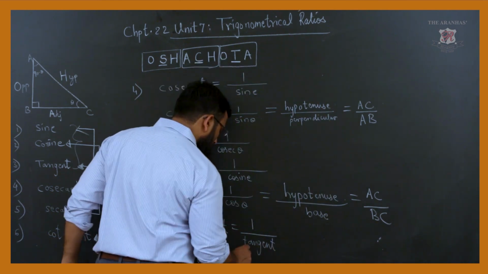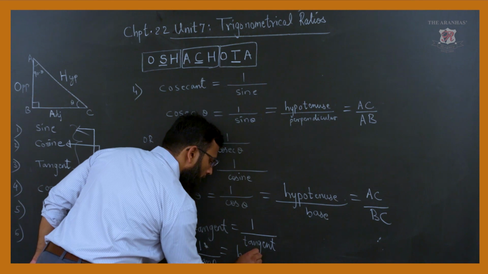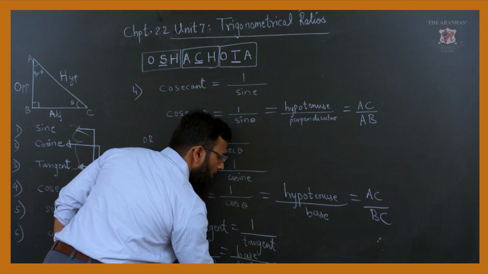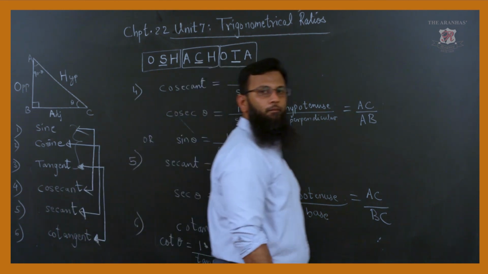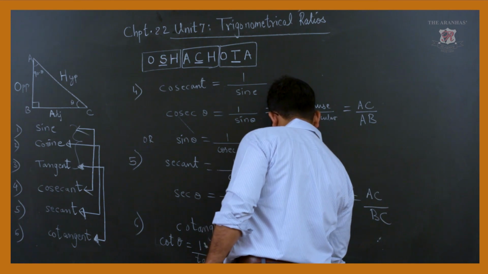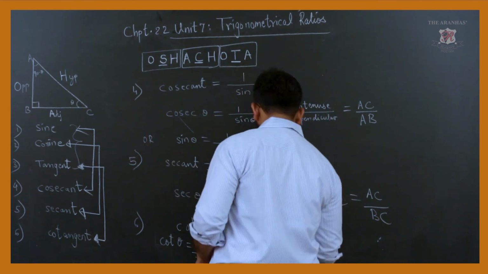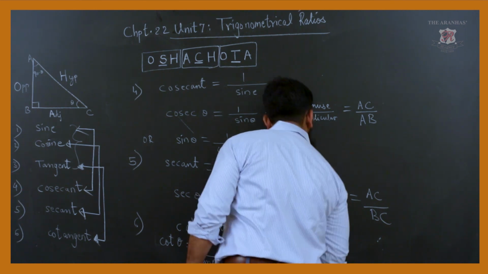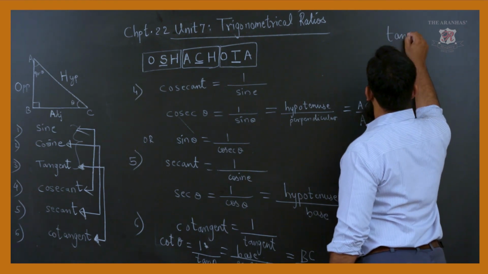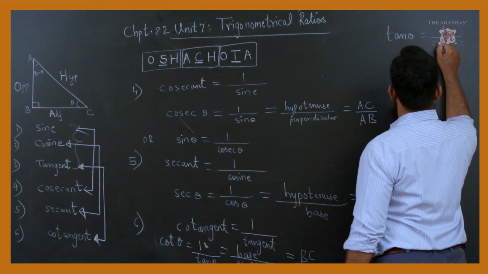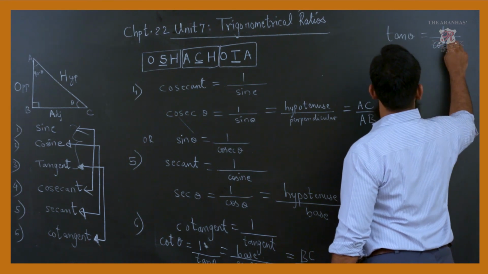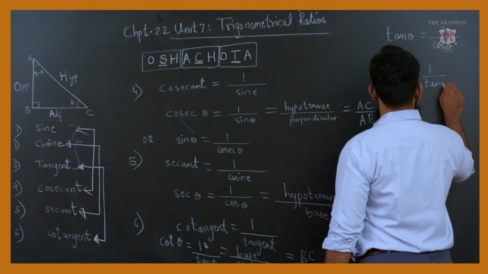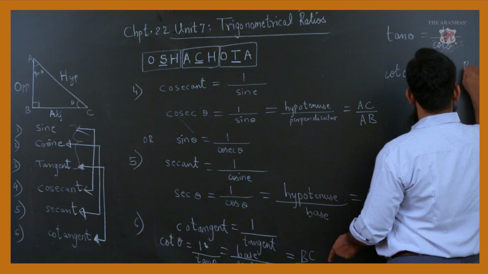So, if we take reciprocal of it, it will become base upon perpendicular, and base is BC and perpendicular is AB. So, tan theta will be 1 upon cot theta, or cot theta will be 1 upon tan theta, and in this case it will be BC upon AB.